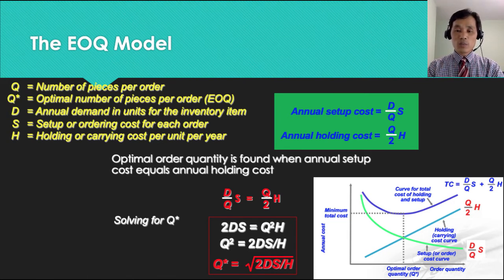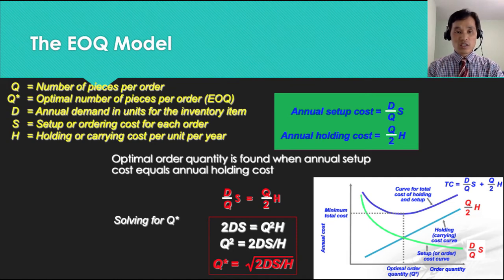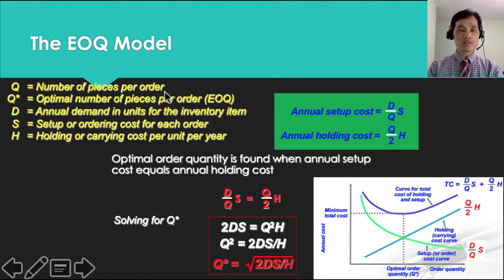Therefore, you can find the point by setting the costs equal to each other and solving for Q. Let us set D over Q times S equals Q over 2 times H. If you solve for Q, then Q squared equals 2DS over H. And Q star will be the square root of 2 times D times S over H. Here Q is the number of pieces per order, D is annual demand in units for the inventory item, S is setup or ordering cost for each order, and H is holding or carrying cost per unit per year.